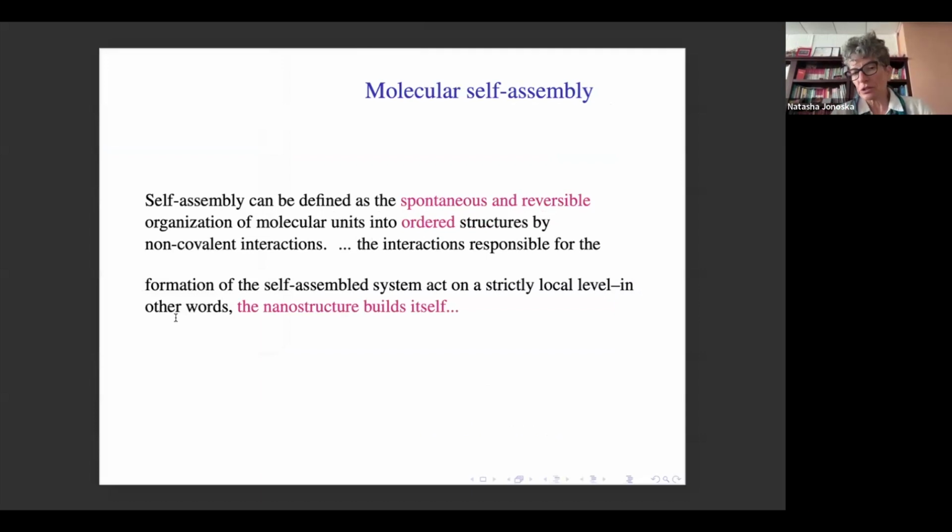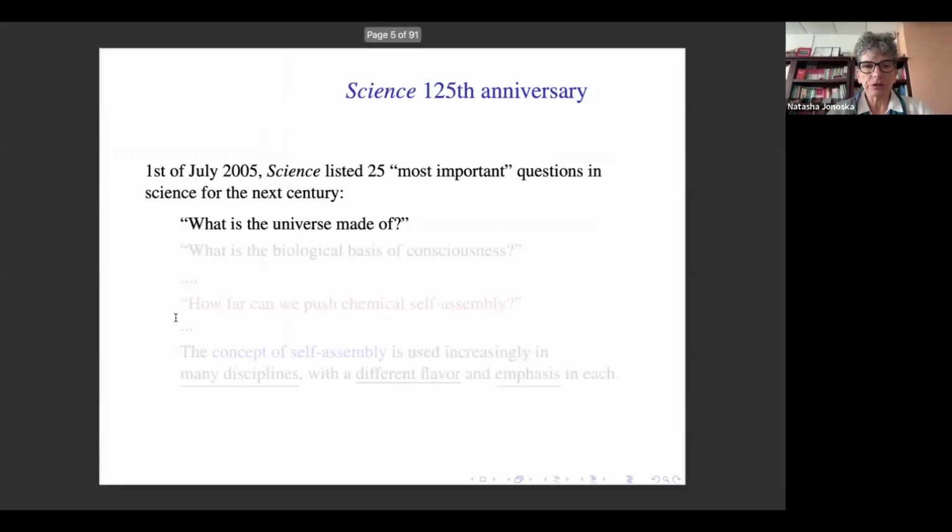And that was an example for the buildup of a viral capsid, but I think the whole notion of self-assembly is actually similar to what we just saw.